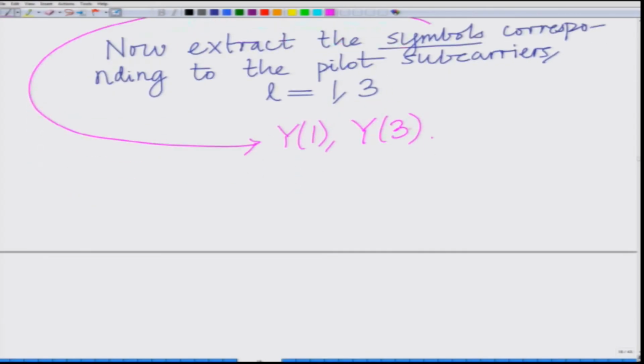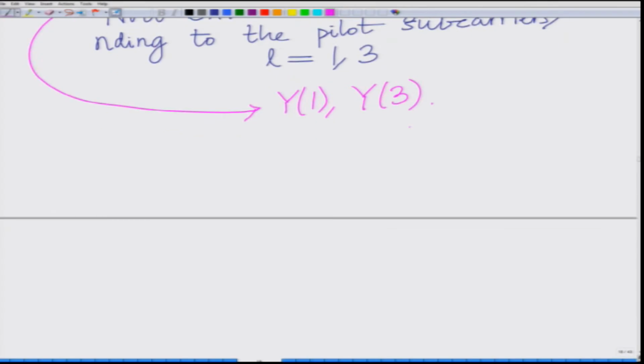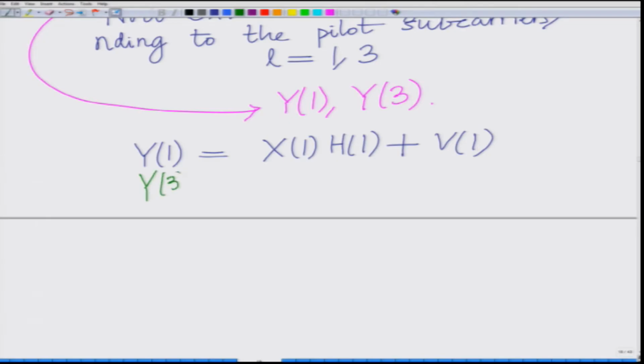Let us do that. If we write this model across the pilot subcarriers, I have Y1 equals X1 H1 plus V1, and we also have Y3 equals X3 H3 plus V3.